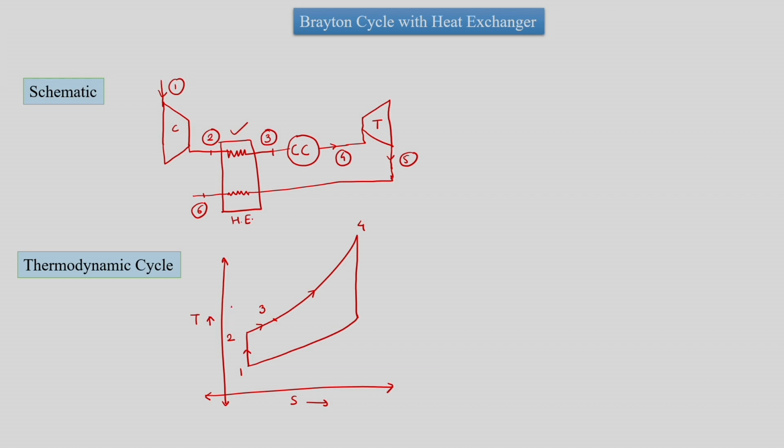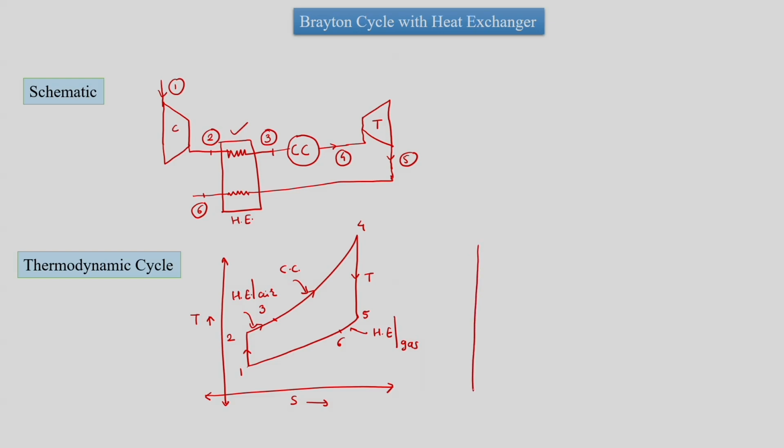We should note that the pressure in the heat exchanger and the pressure in the combustion chamber are the same, and both involve constant pressure heat interaction. So 4 to 5 is the turbine, 5 to 6 is heat transfer in the heat exchanger on the gas side, and this is for the air side, and 6 to 1 is heat rejection, and again the pressures at 5, 6 and 1 are the same.